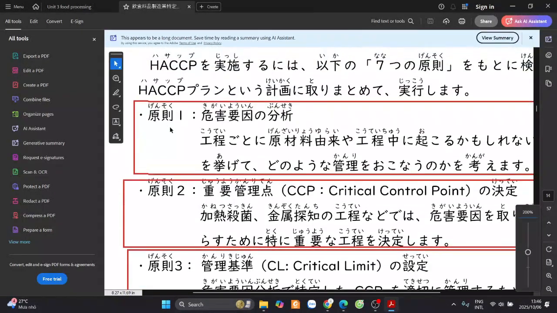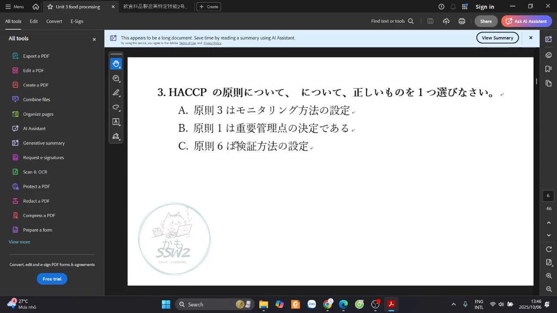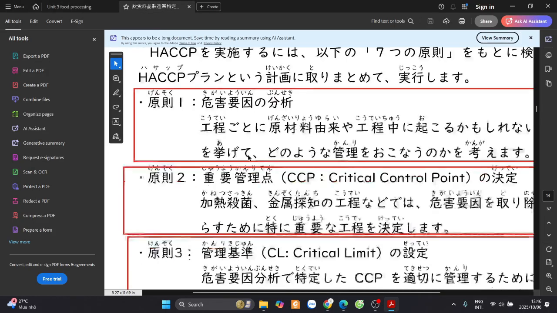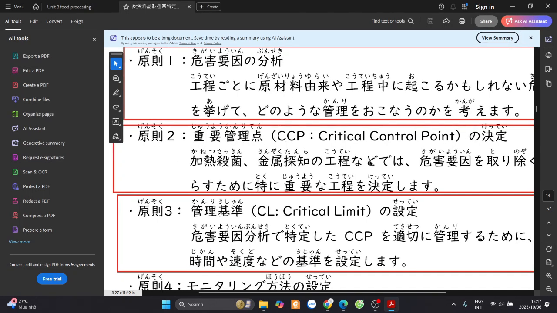The first 原則 is hazard analysis, analysis of the cause of the harmful matter. So in this question, B says 原則1 is the critical control point, so B is not right. 原則 number 2 is critical control point setting.